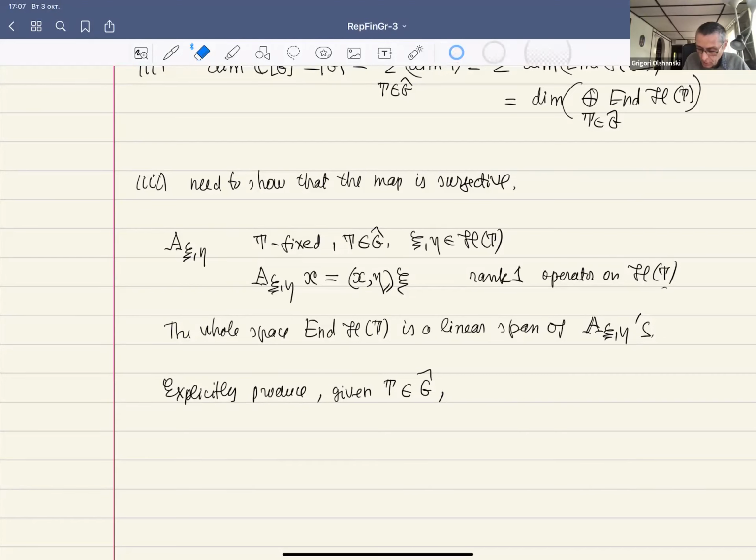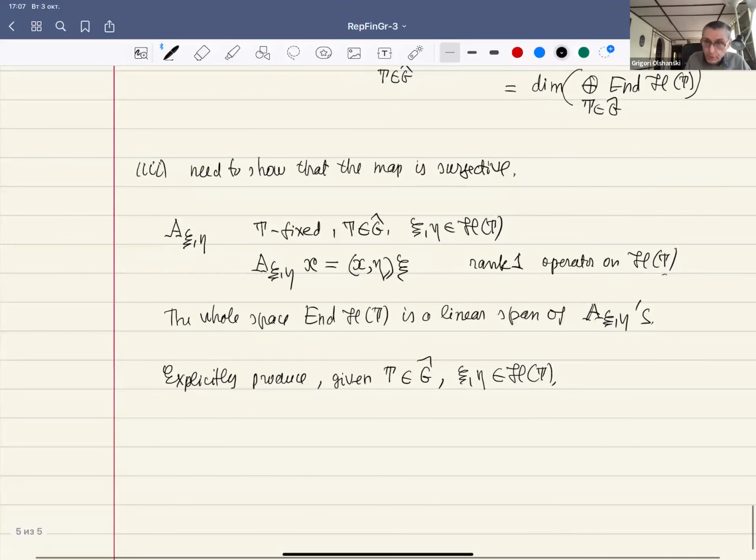Given T and psi, eta, for this data, I will produce immediately an element.